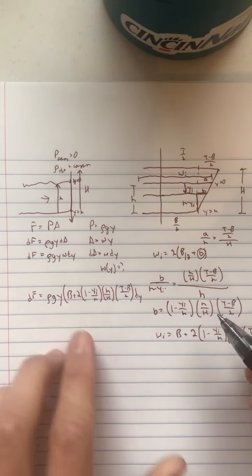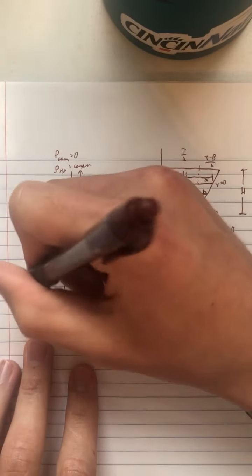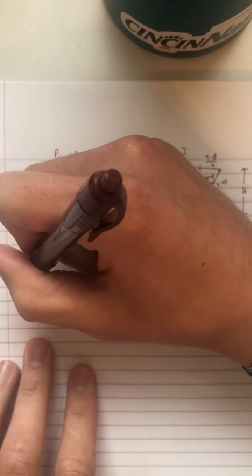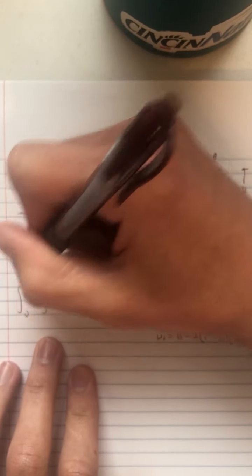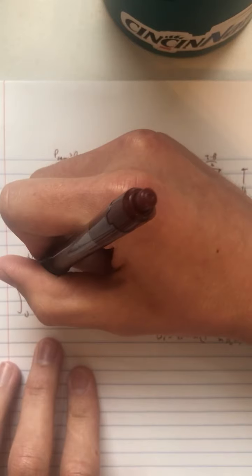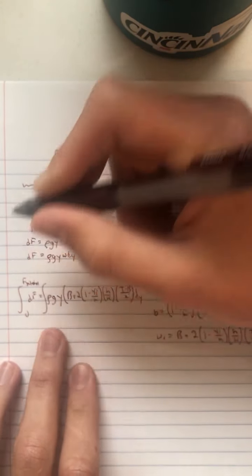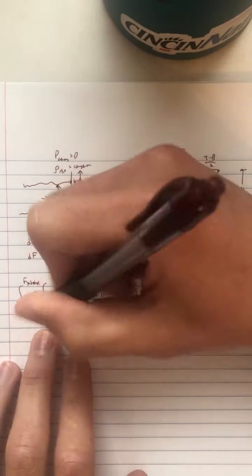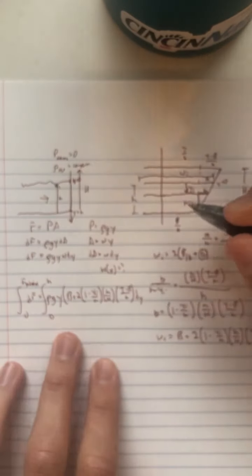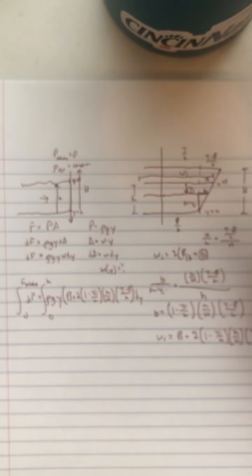Now that we have this, we can integrate both sides. The first side will be integrated from 0 to F x total, and this side will be integrated from 0 to little h, because that's the height of the water.